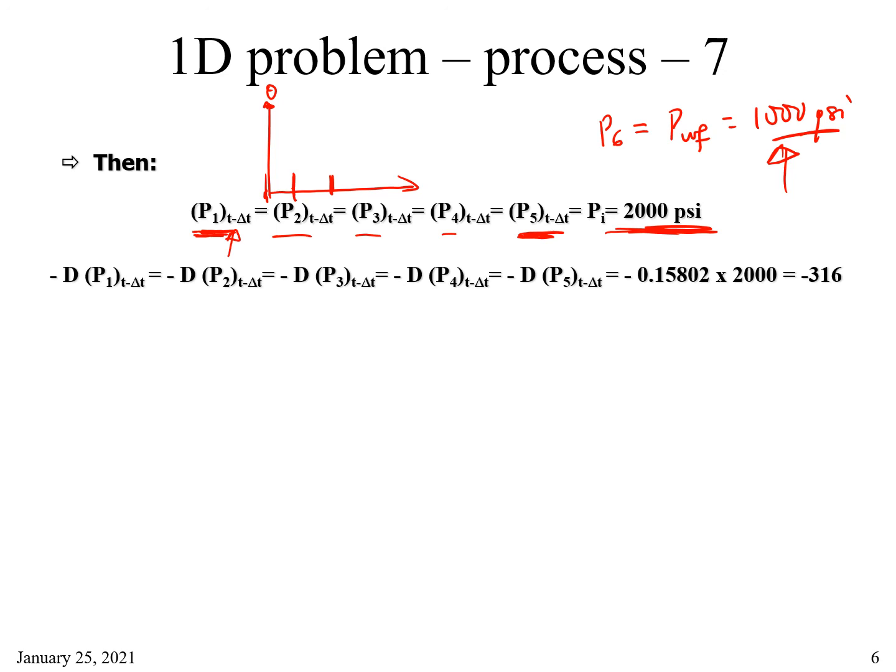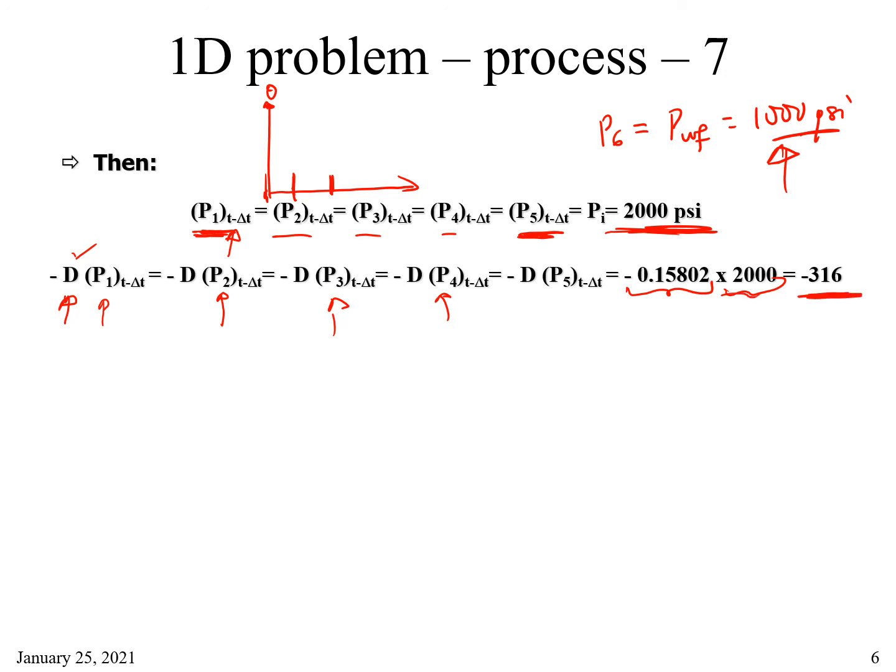You remember the right hand side was D multiplied by the different pressures at the previous time step. So we already figured out D from the previous slide, which was this without the minus. Now multiply that by the initial pressure at the previous time step, which is the initial time step.